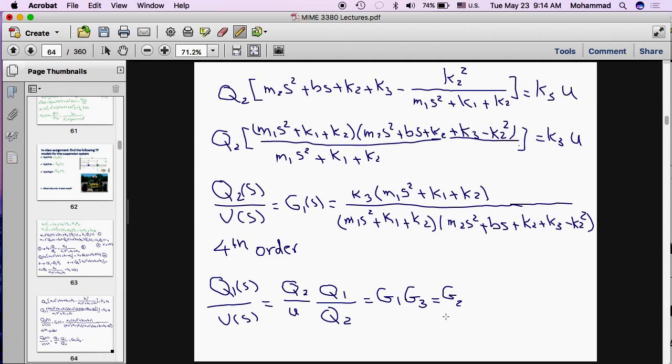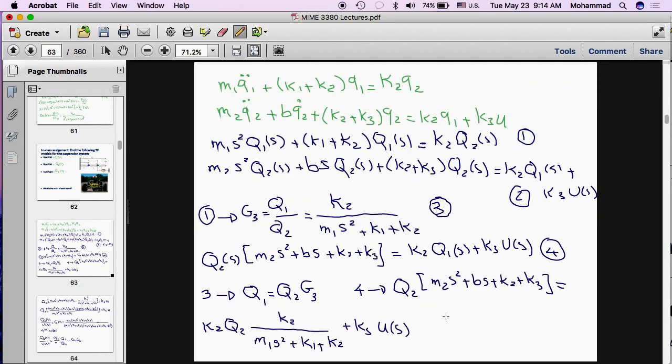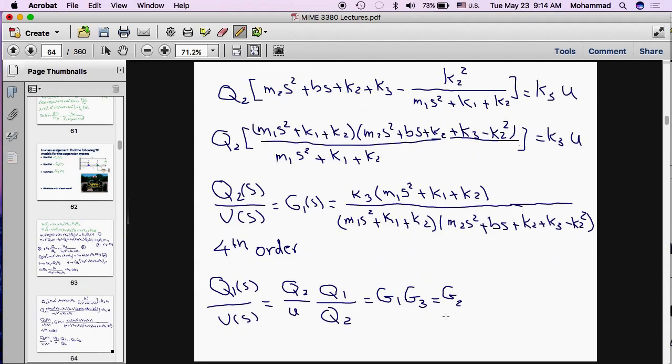And what was G3? Let's take a look at it. G3 was K2 over M1 S squared plus K1 plus K2. So another good news is multiplying by G3 will simplify G1. So G1 is right here, so I don't have to rewrite it. It's G1 multiplied by G3.